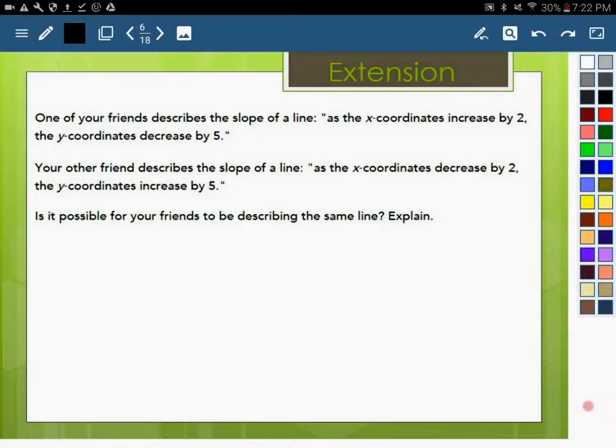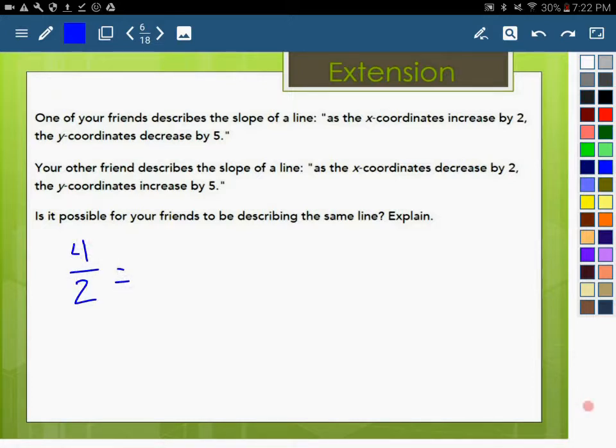All right, so as a quick extension for what we just talked about, slope is always the ratio of the vertical distance divided by the horizontal distance. So it's possible that two people saying something differently could mean the same thing. For instance, let's take the fraction 4/2.